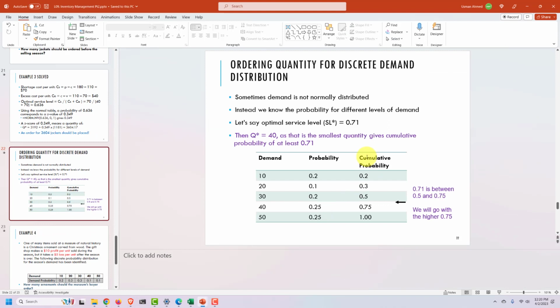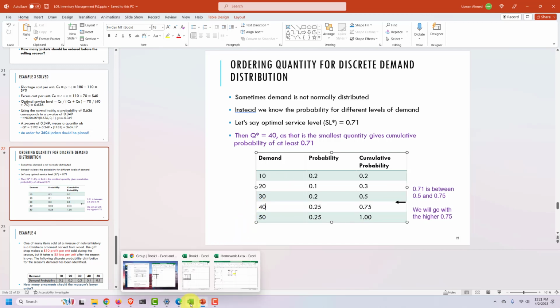You basically have to calculate the cumulative probability column and then take your ratio, your optimal service level, and see where it falls in this table. Okay, and here is 0.71, which falls between 0.5 and 0.75. So we'll take the higher of the two, 0.75, and the demand in this row would be what you would order. You would order 40 in this case.